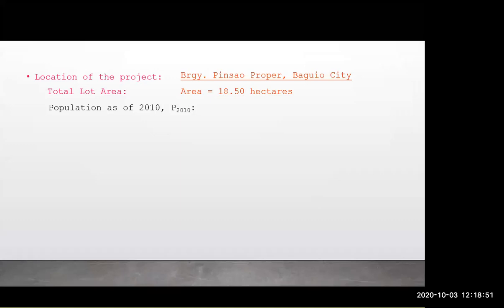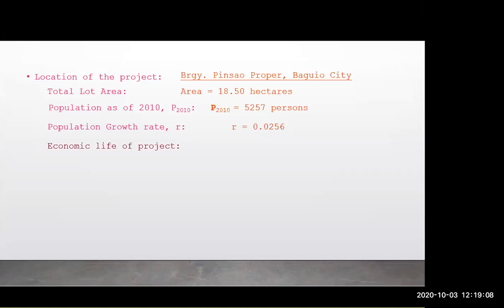Anyways, the population in 2010 was 5,257 persons. And then the growth rate is equal to 0.0256. And the economic life of the project is 20 years. So it's up to you as the designer to decide how many years you would like your STP to run.